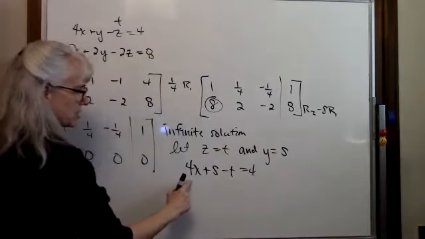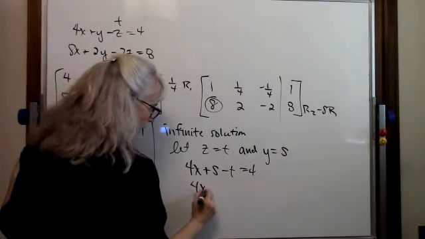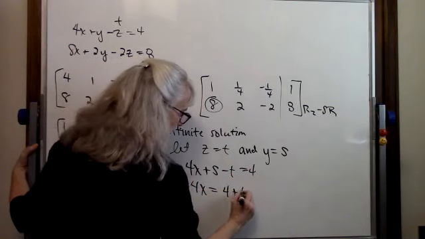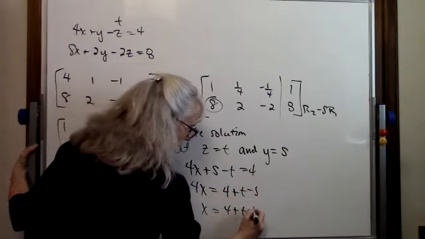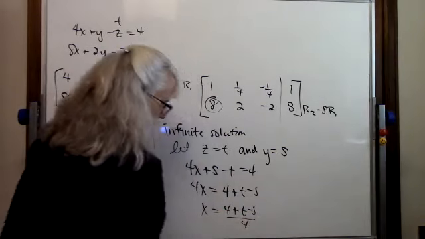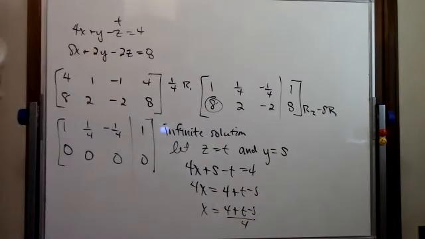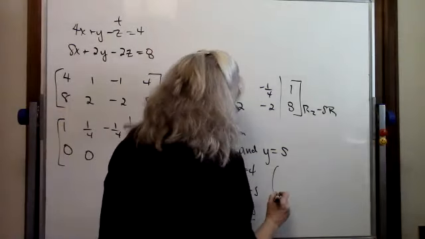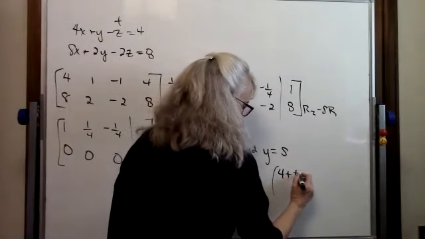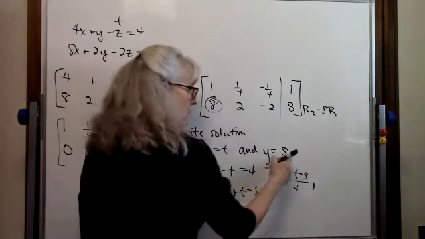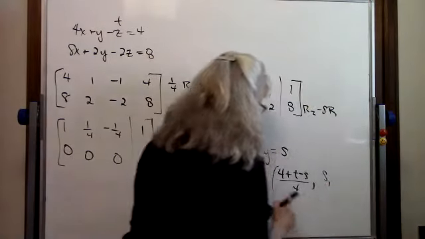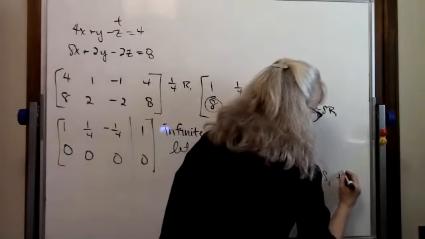And now we're just going to solve it for X. So we're going to say 4X is equal to 4 plus T minus S. So X is equal to 4 plus T minus S all over 4. That's an ugly way to write that. Okay, so our solution is (4 plus T minus S all over 4, S, T), where the Y value we pick is S and the Z value is T.